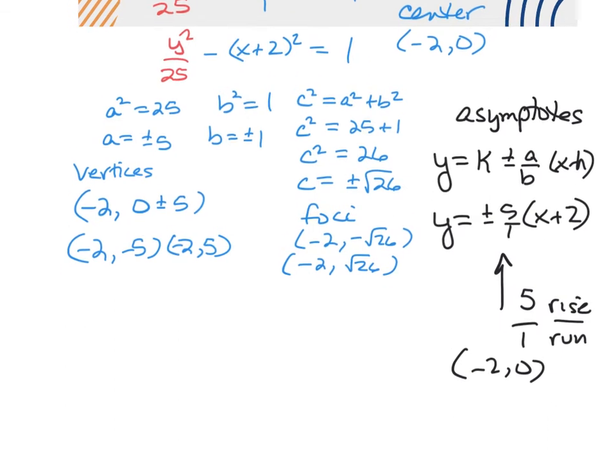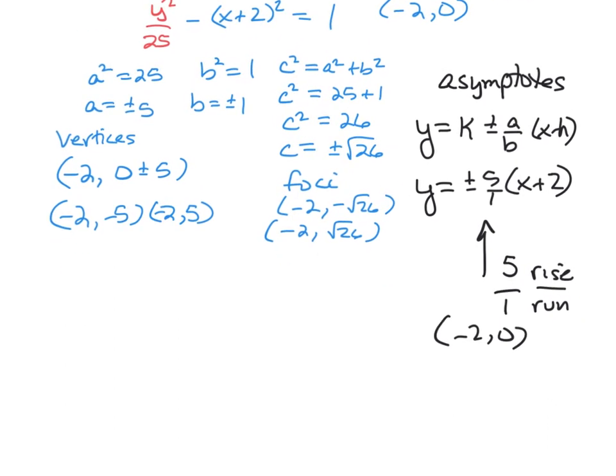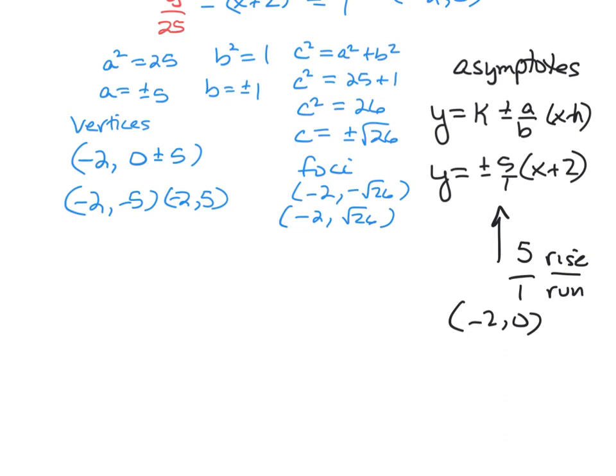So let's go ahead and draw in our x and y axis. Going to graph the center. And then from here, let me go ahead and get in my asymptotes. Let me add in some markings here.